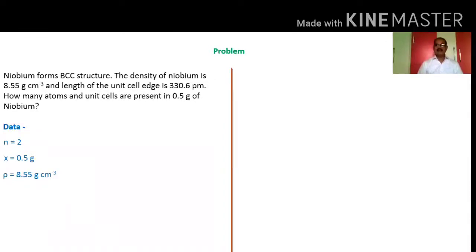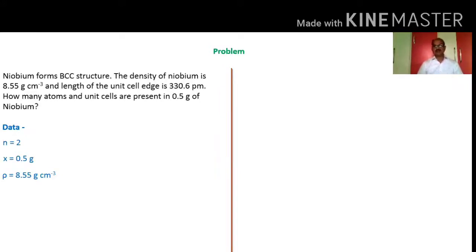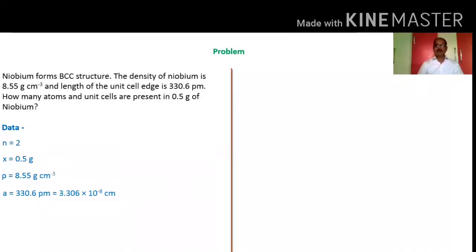So if density is in grams per centimeter cube, then mass should be in grams. Fortunately, mass is given in grams, so no conversion. And volume should be in terms of centimeter cube, or edge length should be in centimeters. But unfortunately, edge length is given to be 330.6 picometer, so I need to convert it.